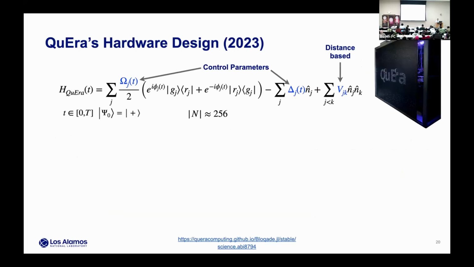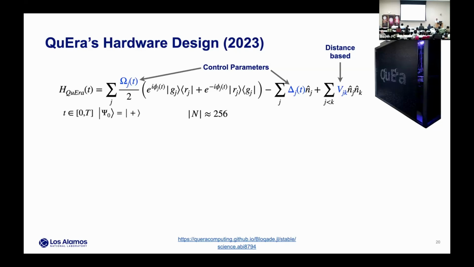And one controls the strength of this Rydberg blockade, and the other one controls the local field that's applied to all of the qubits. And then we have a third term, the 2-qubit interaction term, mediated by this Vij, which is a distance-based term. Currently, you can use these systems with, say, 256 qubits, but they can get much bigger than that. There's no reason this technology shouldn't scale as it progresses.